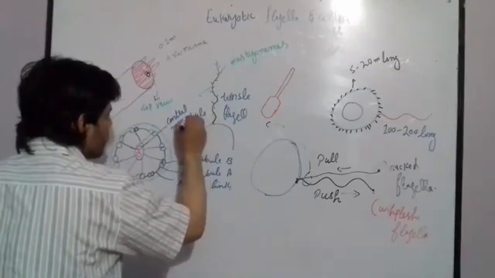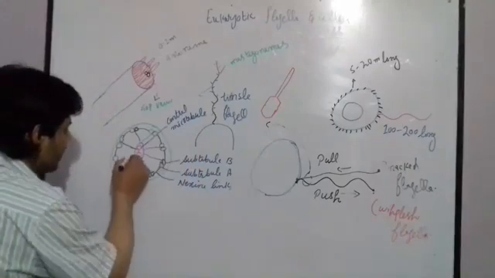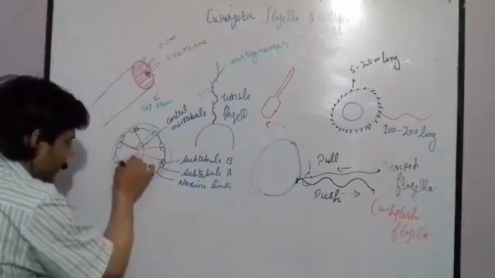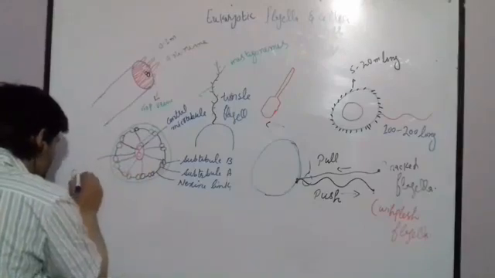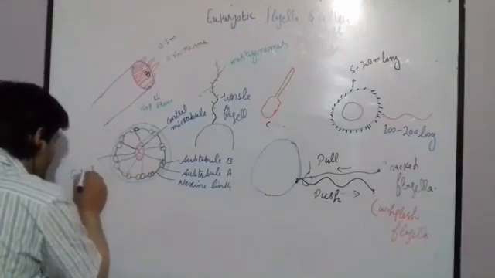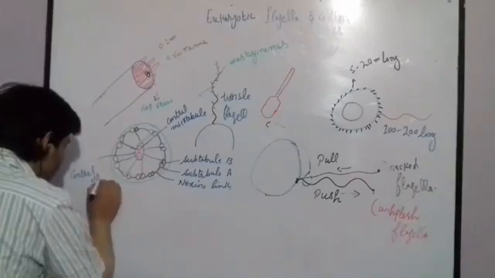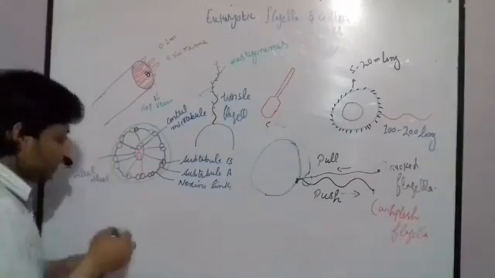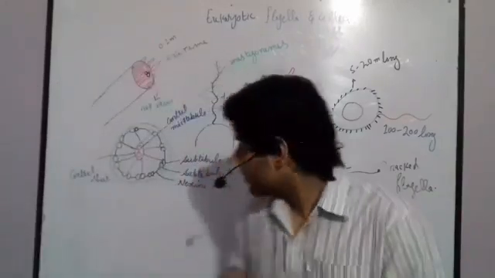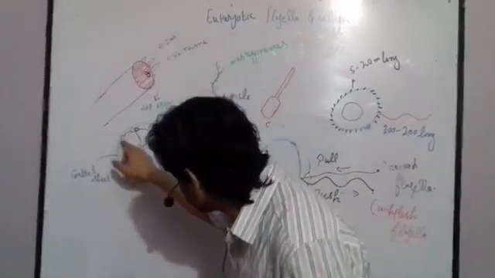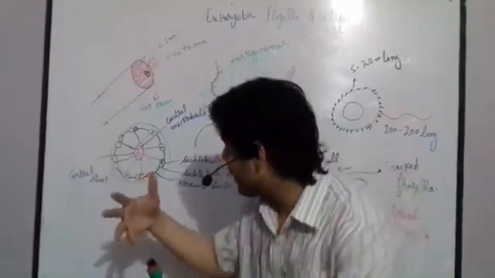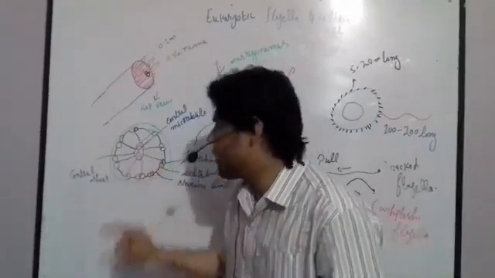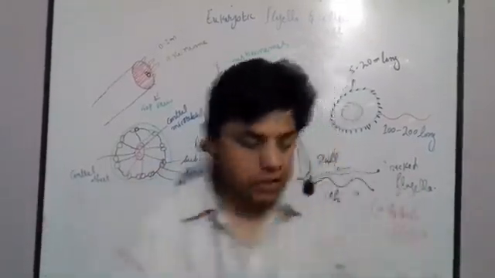As you are watching this layer, we call it the central sheet. All these 9 pairs of tubules are connected with the central microtubules with the help of radial spokes.